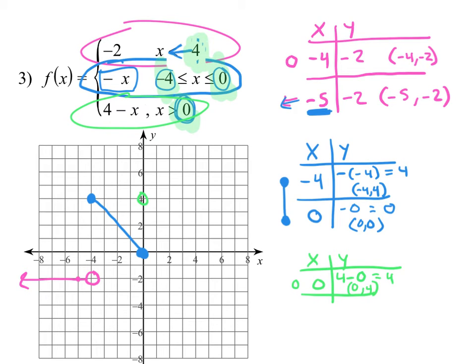So what is a number greater than 0? 1. So let's plug in 1. So we have 4 minus 1, which is 3. So what's our point here? (1, 3). Which direction is this arrow going to go? To the right or to the left?